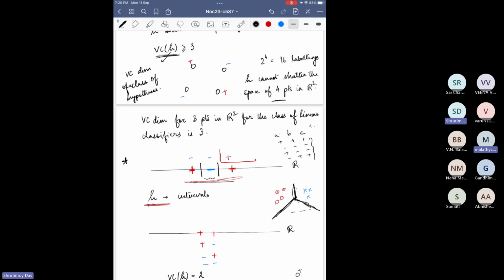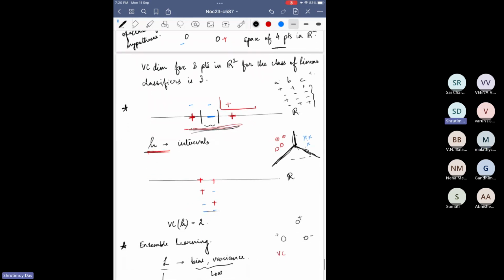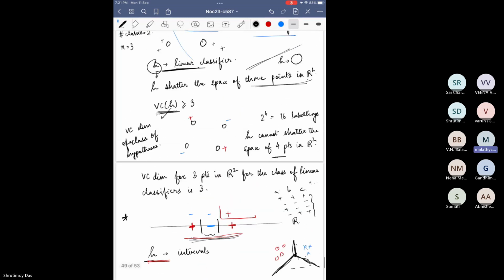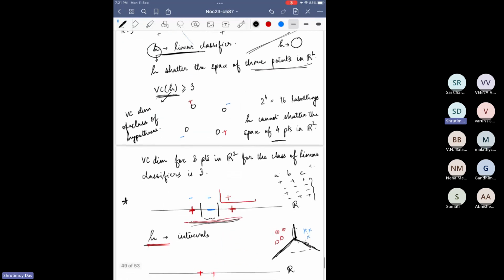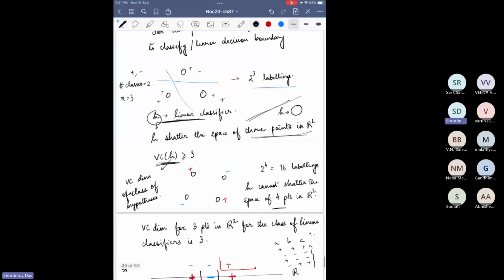And then what are instances? Instances is the number of training points you have. For this case, we are taking only 3 points, but in training we may take 100 points, 1000 points. Instances is the number of examples that you have. So if you're talking about linear classifiers, even for 3 or 4 points, a linear classifier fails.